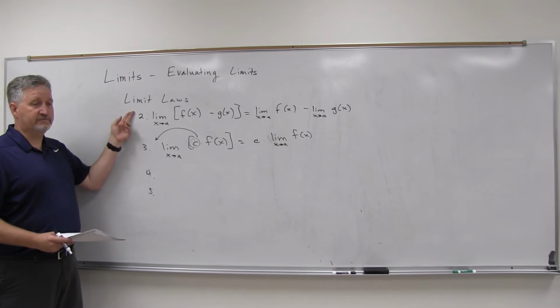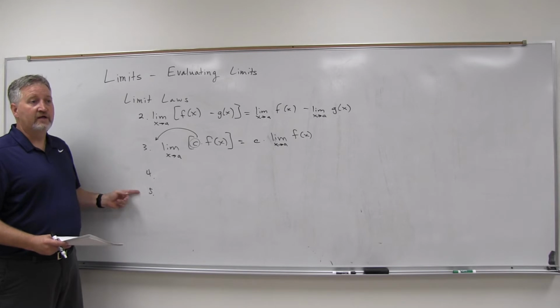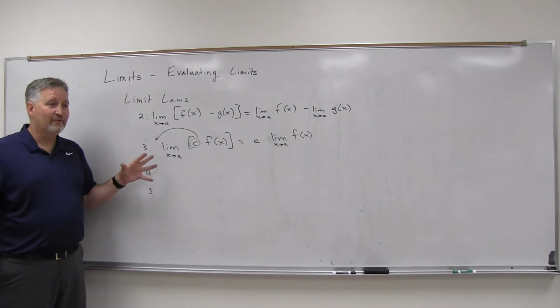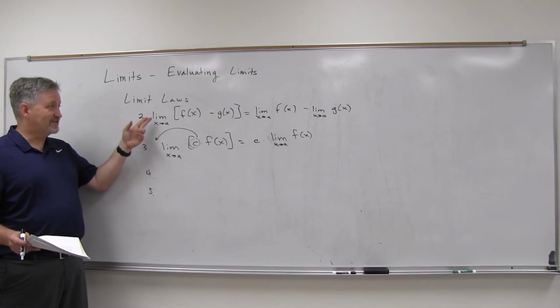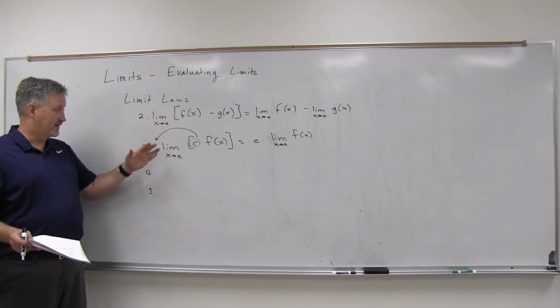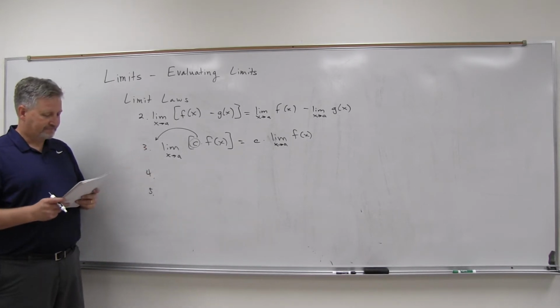Limit laws, like I said, are very nice in that basically you can break down whatever it is, whether it be addition, subtraction, multiplication, division, or a constant in the front, you can bring it out. Very nice.